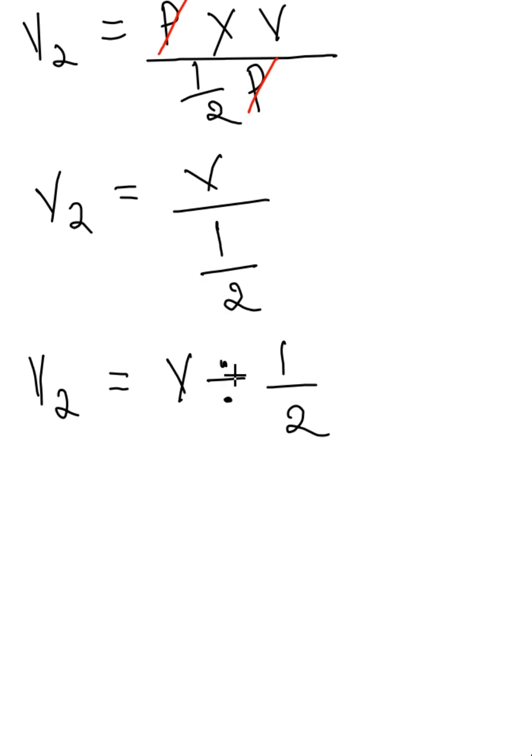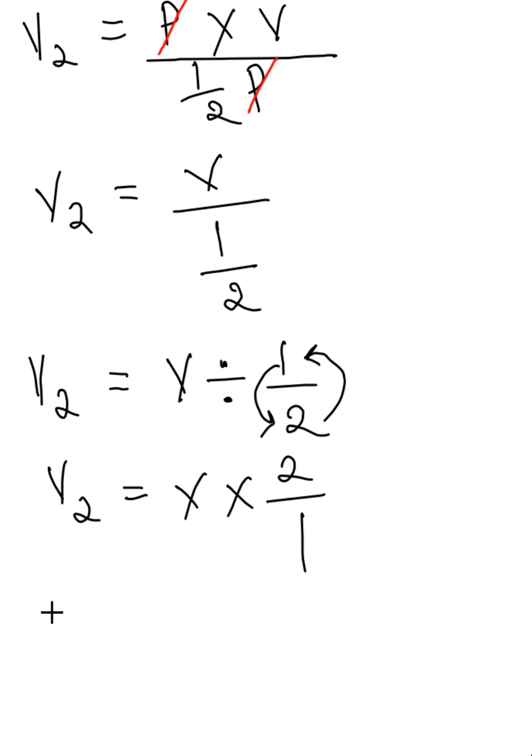Whenever you change division to multiplication, the one under goes up and the one up comes down. So V2 is equal to V times 2 over 1. Then V2 is equal to 2V over 1, which is still the same thing. So our answer is 2V.